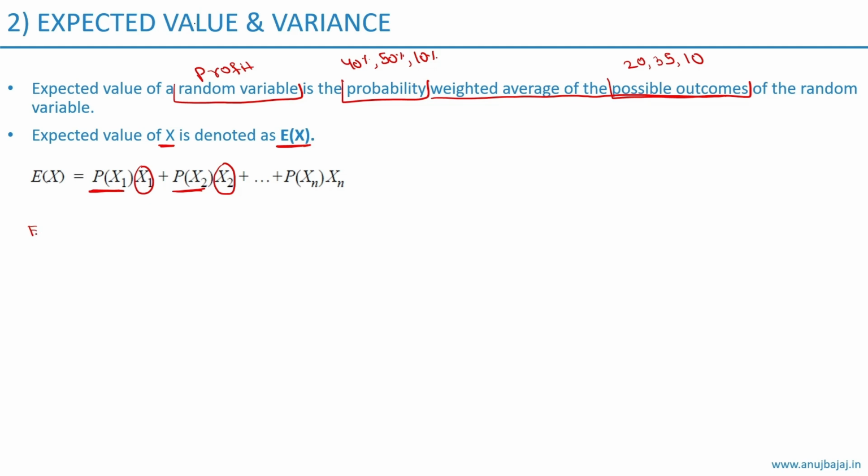So in our case, the expected profit will be the first possible outcome, which is $20 million, and the probability of profit being $20 million is 40%. The second possible outcome, x2, is $35 million multiplied by 50%. And the third and last possible outcome is 10 million multiplied by 10%. So we get the expected profit to be $26.5 million.